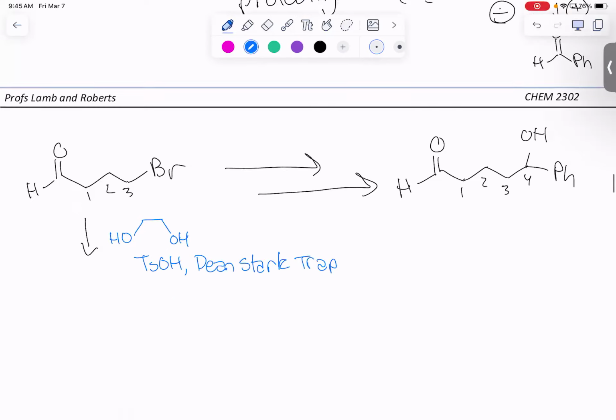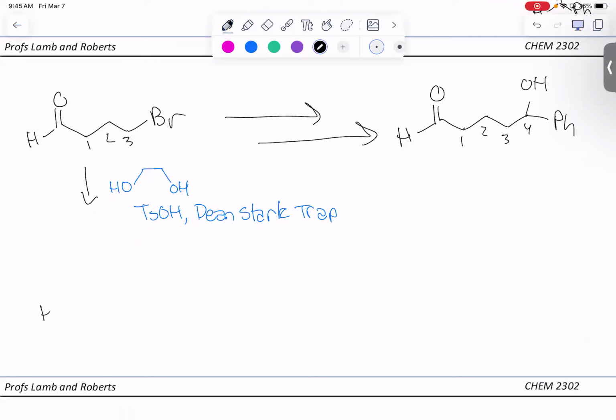Right? If we do that, we're going to go ahead and protect our aldehyde from reacting. We haven't done anything to our 1, 2, 3 carbon fragment or our bromide. All we've done is we've just protected our aldehyde from reacting. All right, great. Now we don't need to worry about things.